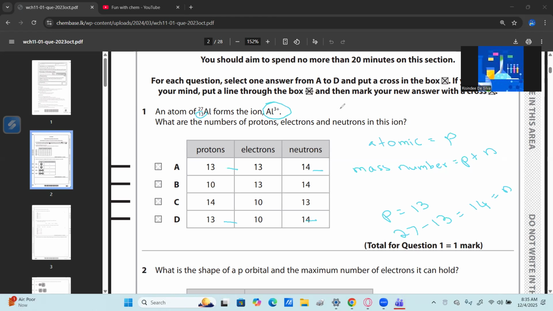In a neutral aluminium atom, the number of protons is equal to the number of electrons, so there will be 13, but 3+ means 3 electrons are removed. Therefore, the total number of electrons will be 10. So the correct answer is D. When it is forming positive charges, that means the electrons are removed. 3+ means 3 electrons are removed.